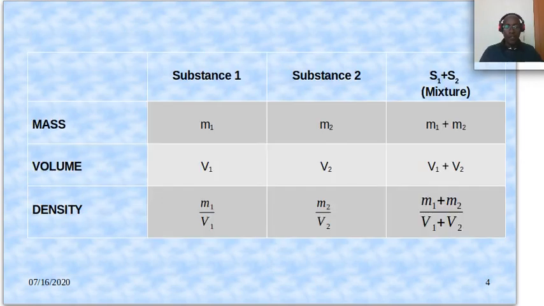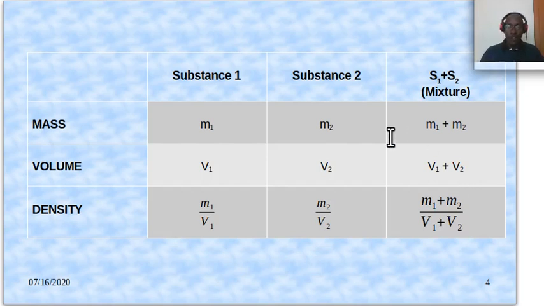Now, to understand the problem well, we use a simple table here that analyzes everything. We have masses here, and we have the volumes in that row, and then the final row gives us how to determine the densities of all the substances.